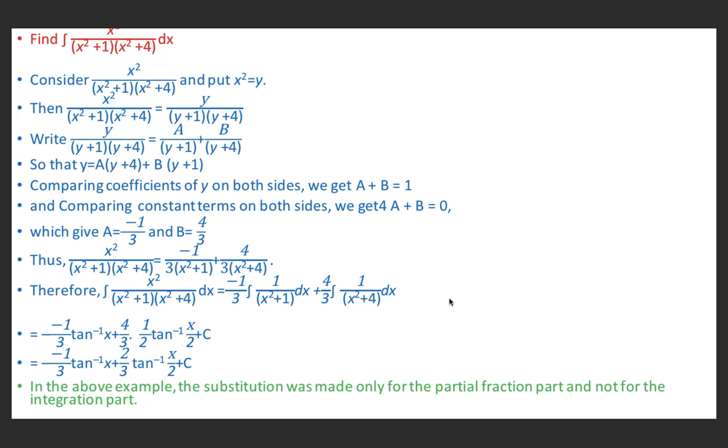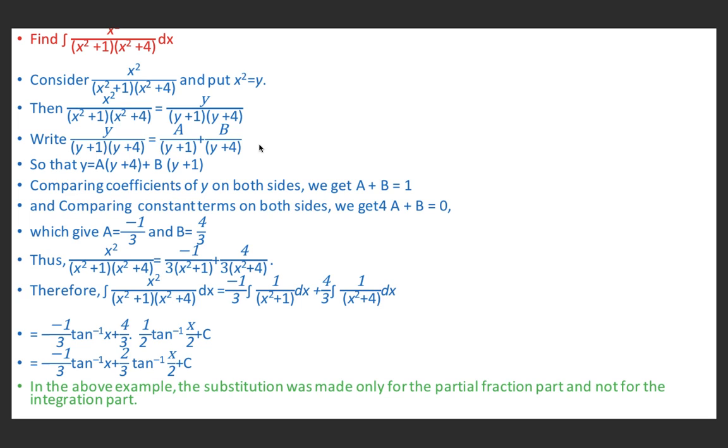So remember the formula for the integration of 1 upon x square plus a square dx, which is 1 upon a tangent inverse x upon a. Using the formula we get minus 1 upon 3 tangent inverse x and 1 upon 2 tangent inverse x upon 2. Outside the coefficient is 4 upon 3. So on simplification this will be 2 upon 3 tangent inverse x upon 2.